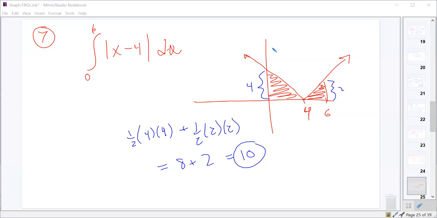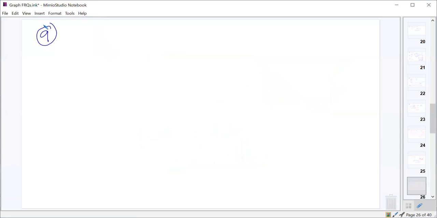All right, next one we are looking at is number 9. We're looking for the maximum value of the function f of x equals x to the 4th minus 4x cubed plus 6 on the interval from 1 to 4. So in order to figure out the maximum value of this, we need to take the derivative of it.